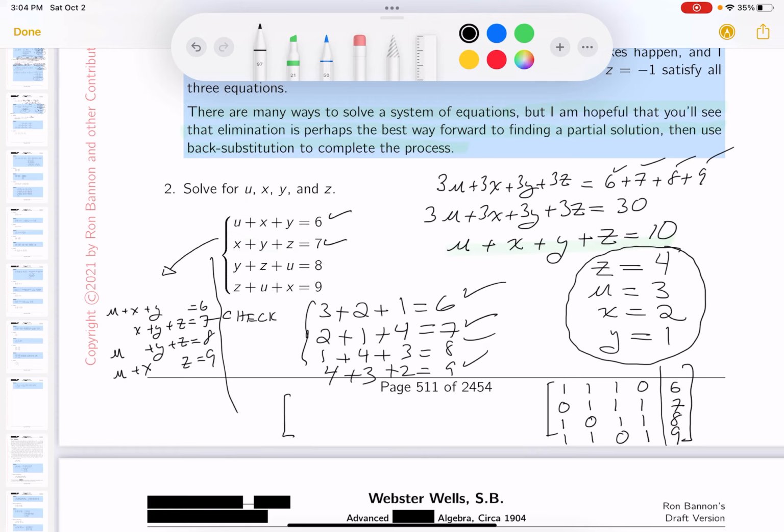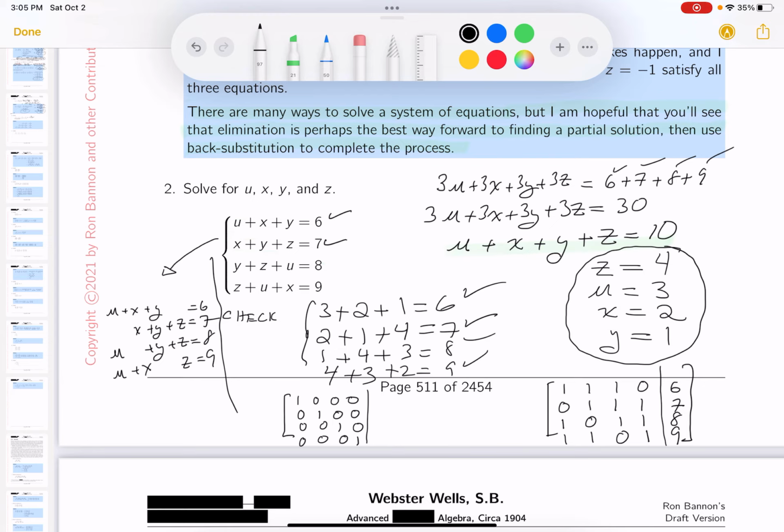I'm going to say the first column is the u, the second column is the x, the third column is the y, and the last column is the z. So if you were to write down the final solution over here, you'd see something like this. And I'll tell you what this means in a second.